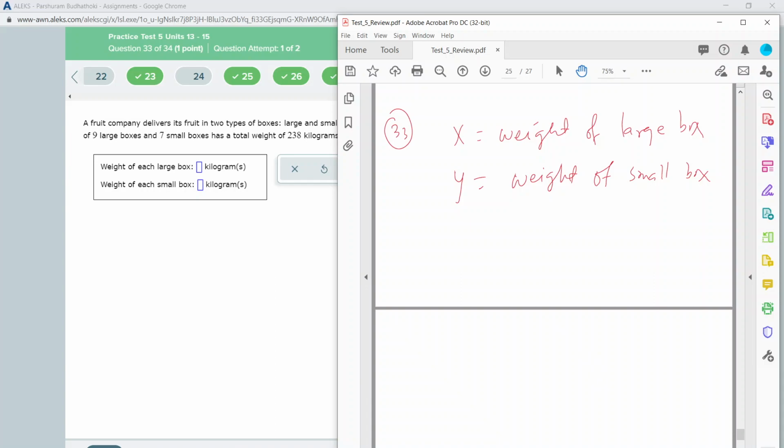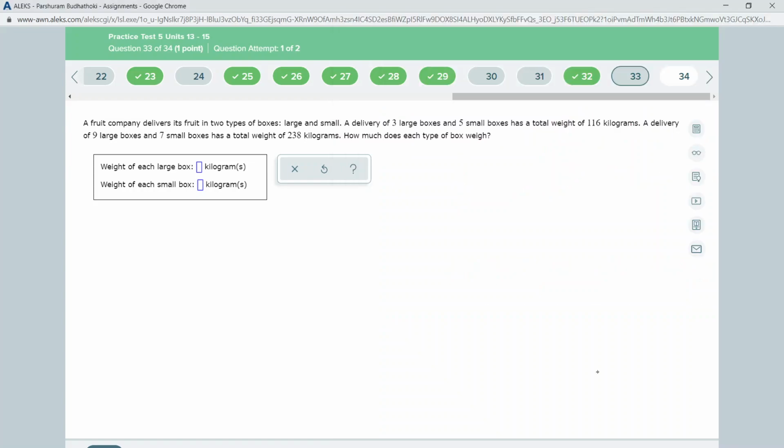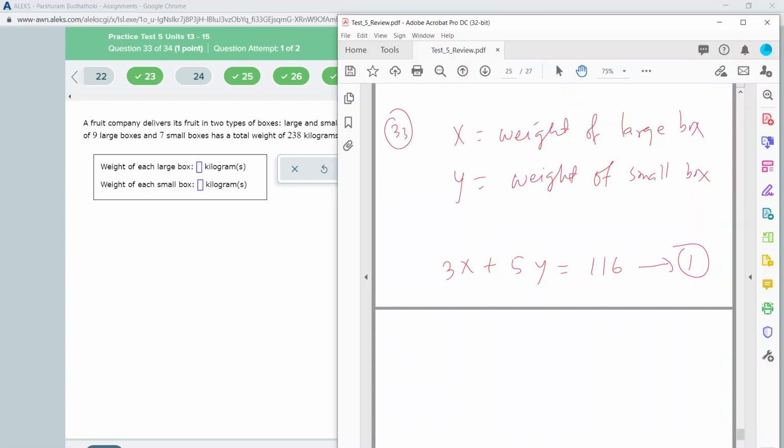So from here you can write 3x + 5y = 116, because a delivery of 3 large boxes means 3 times the weight of the large box plus 5 times the weight of the small box, altogether 116 kg. And for the second one, a delivery of 9 large boxes means 9x + 7y = 238 kilograms.